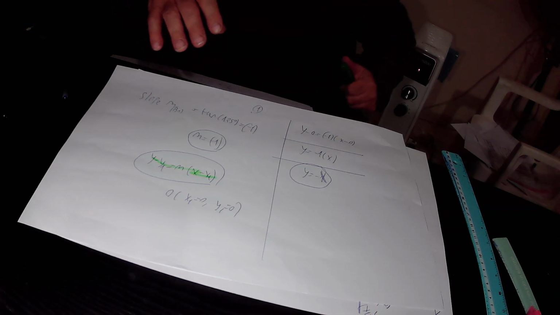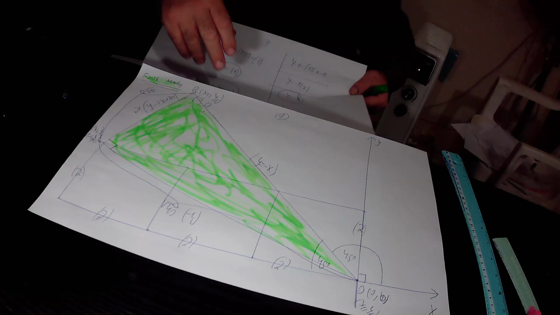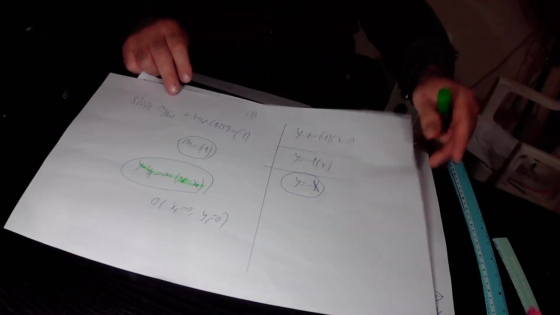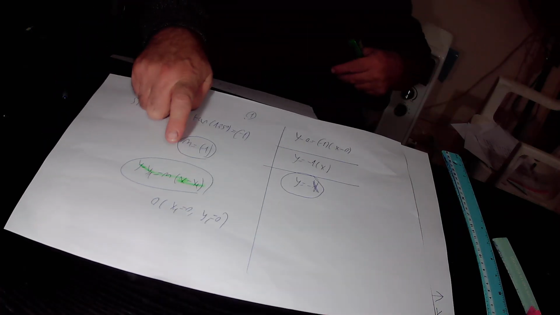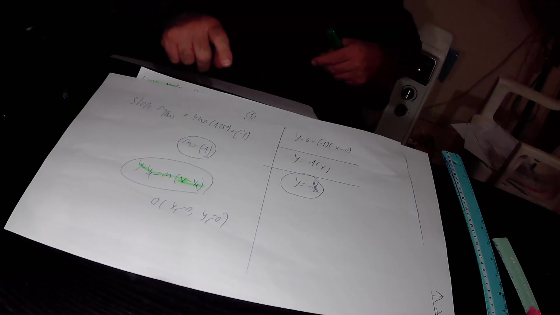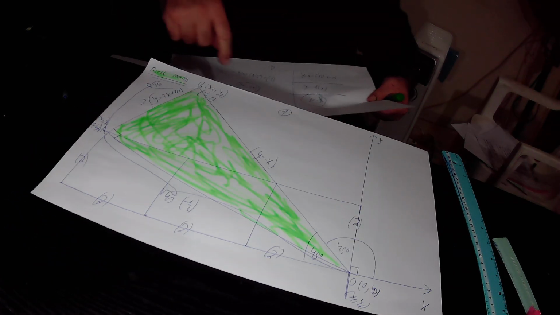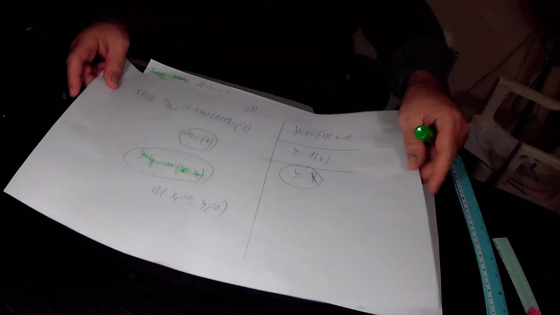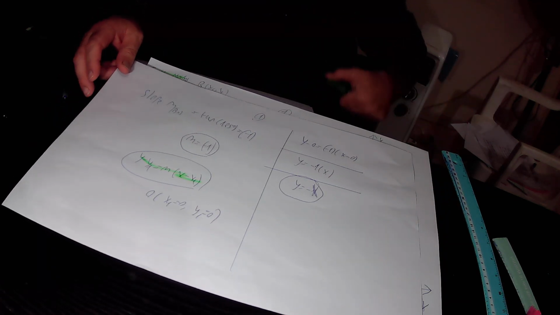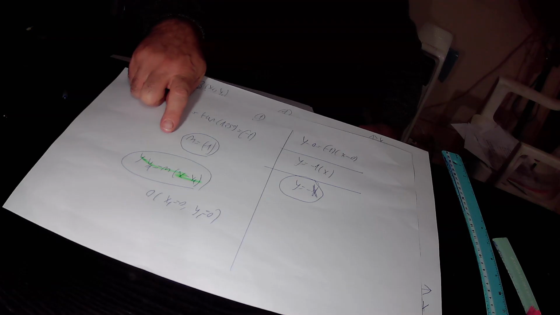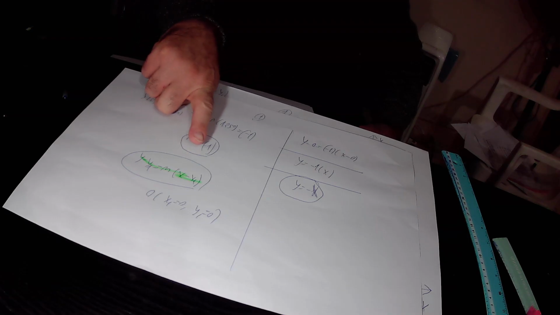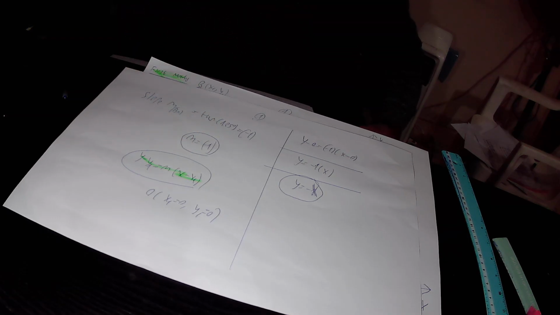So we just have to put the data of this straight line BO inside this general formula for a straight line. In this way, we find the equation of this straight line BO. Again, y minus y1 equals m times x minus x1. That is the general formula for any straight line.